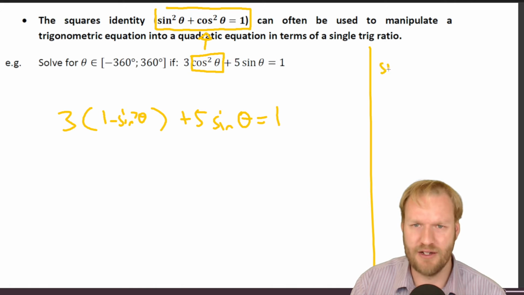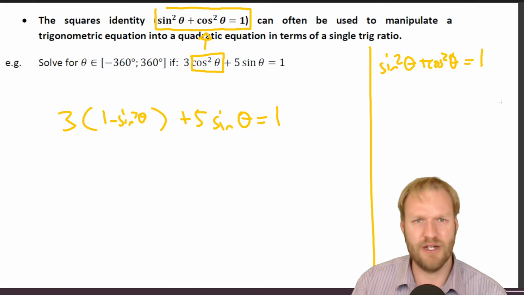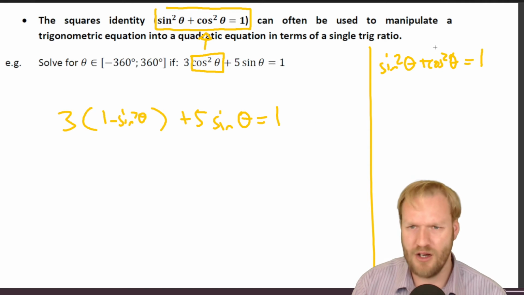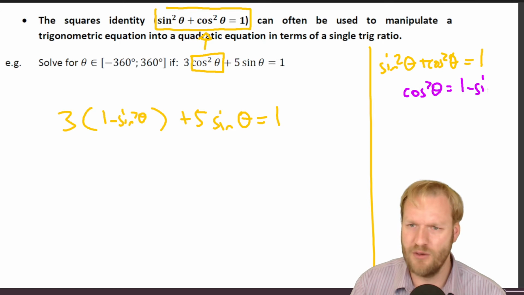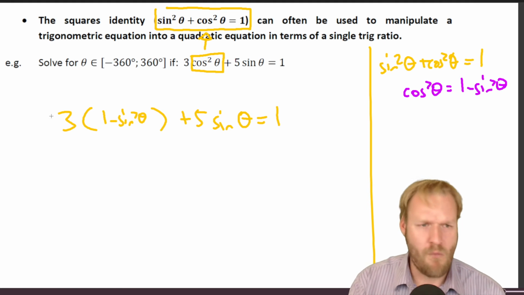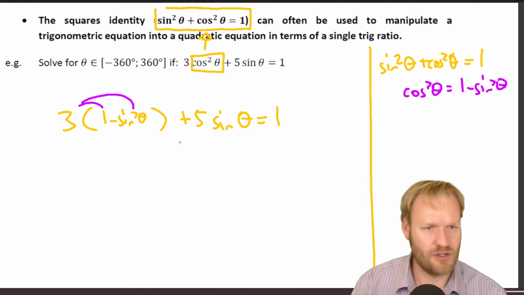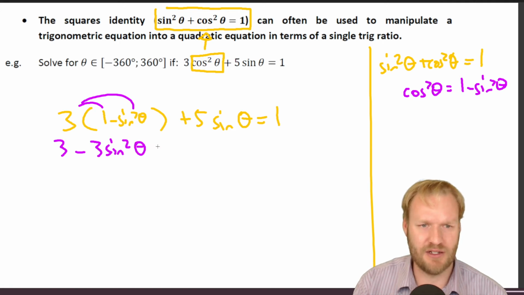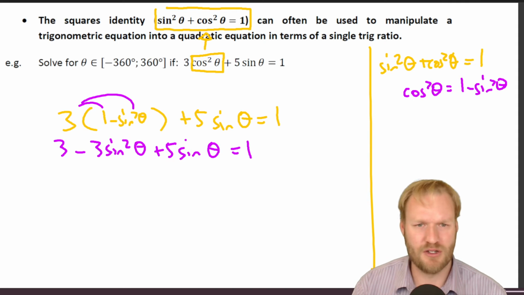Remember, we had that idea of sine squared theta plus cos squared theta equals 1. If we subtracted sine squared theta from each side, we'd have cos squared theta equals 1 minus sine squared theta. Okay, let's distribute this into the brackets. So we've got 3 minus 3 sine squared theta plus 5 sine theta equals 1.